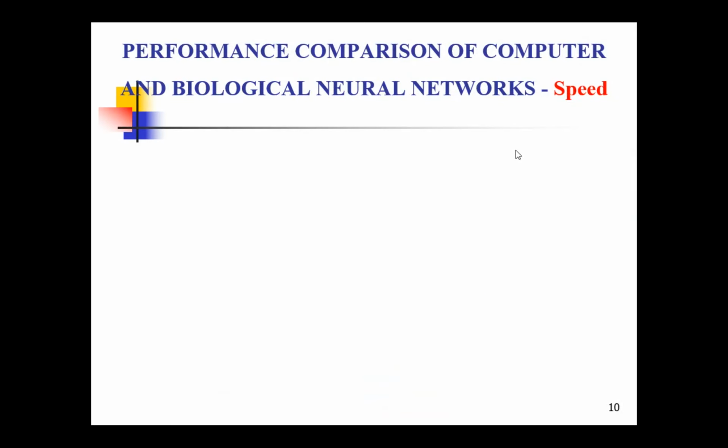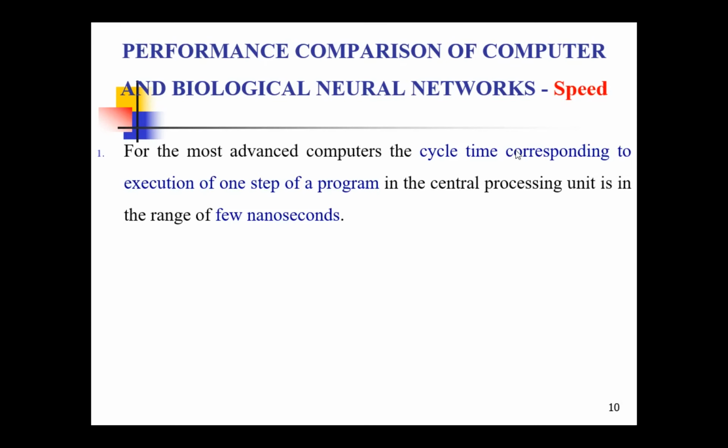Now, how is the artificial neural network's performance compared with the biological neural networks? We are going to compare some of the performance attributes. The first one is speed.